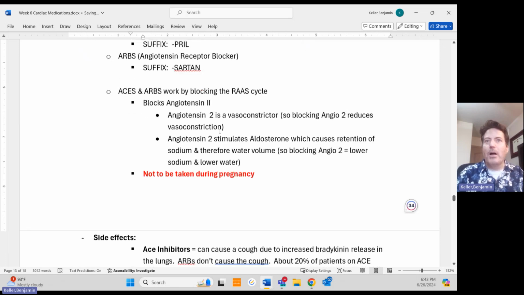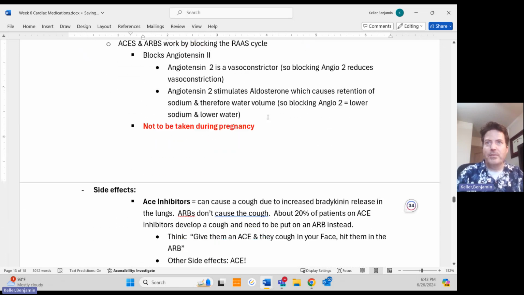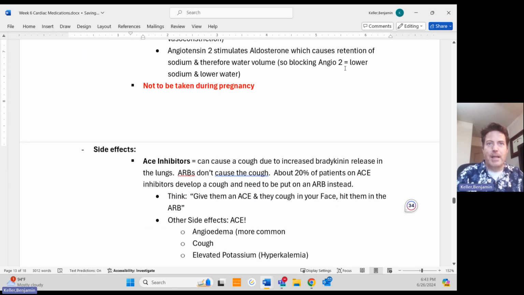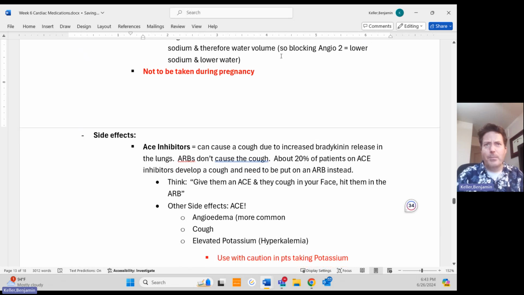ACEs and ARBs work by blocking the RAS cycle. They block angiotensin 2, a vasoconstrictor, so you get lower vasoconstriction. Blocking angiotensin 2 also reduces aldosterone, which causes retention of sodium, and wherever sodium goes, water follows. So if you block angiotensin 2, you get lower sodium and lower water. So don't take these during pregnancy.